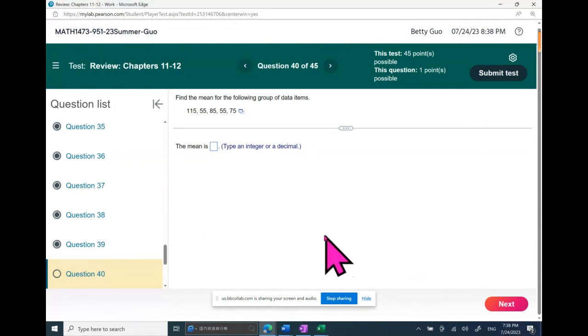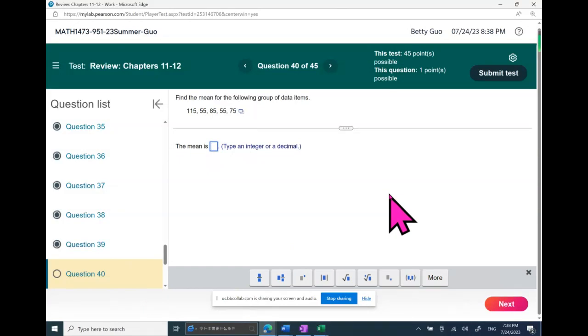Number 40. Find the mean again. Okay, let's do that. Let's add them all up and then divide by 5 this time. 115 plus 55 plus 85 plus 55 plus 75, divided by 5. That's 77.